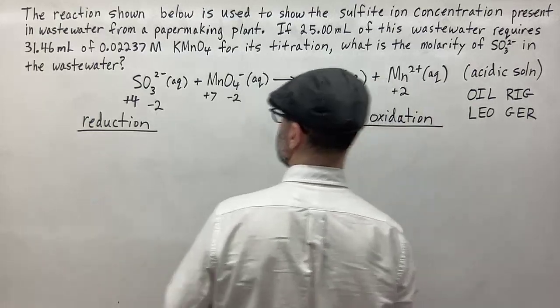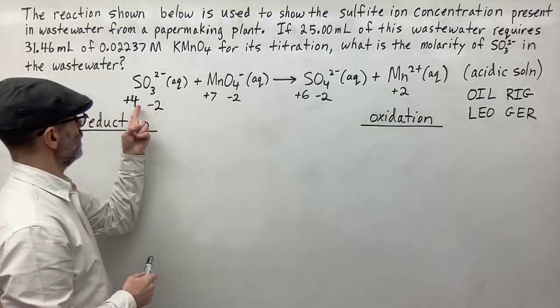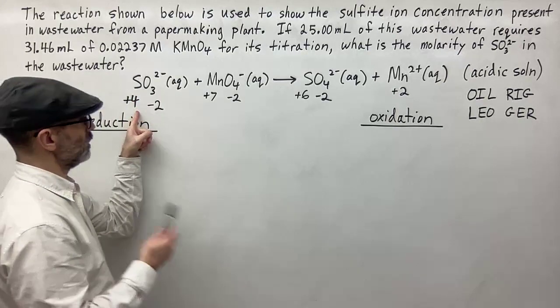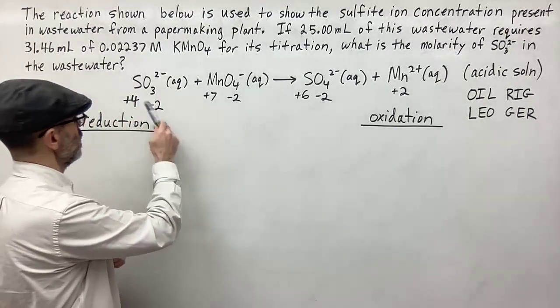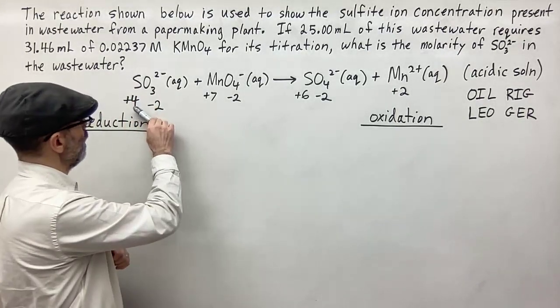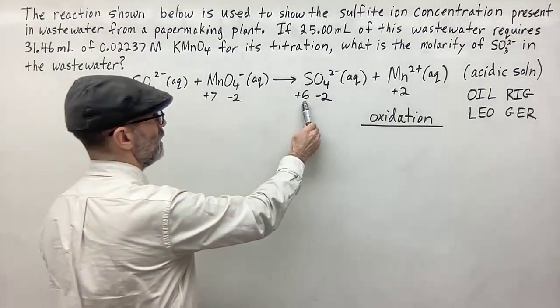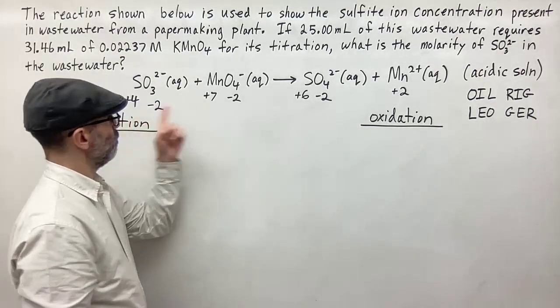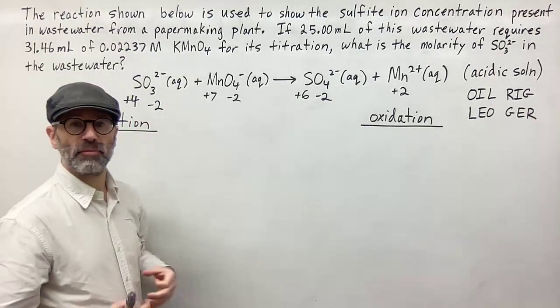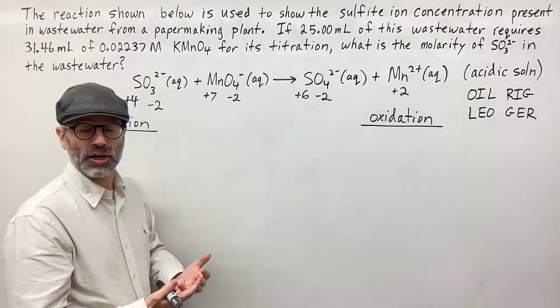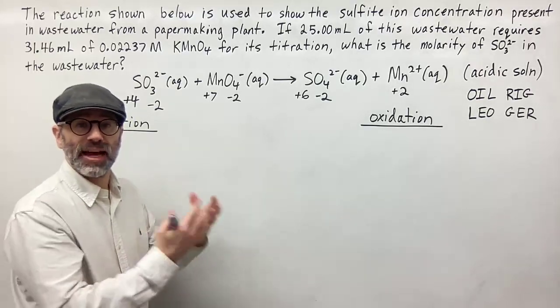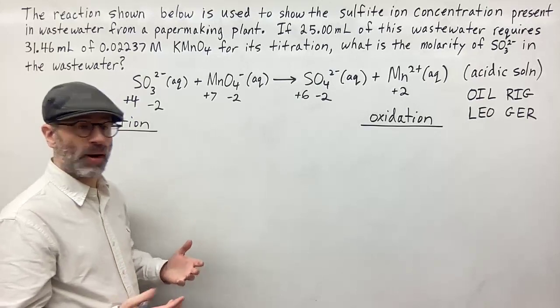Okay, so we said that the sulfur got oxidized because it lost electrons. Oxidation is loss of electrons, and we can see that by the fact that it became more positive. So becoming more positive means you lost negative charge, right? You lost the negative electron, so you became more positive.